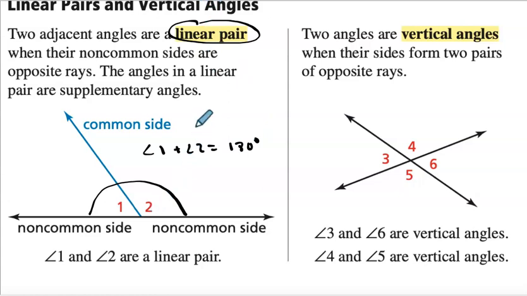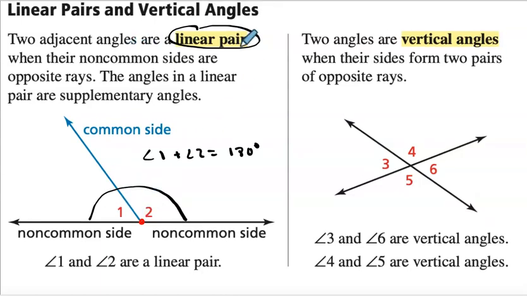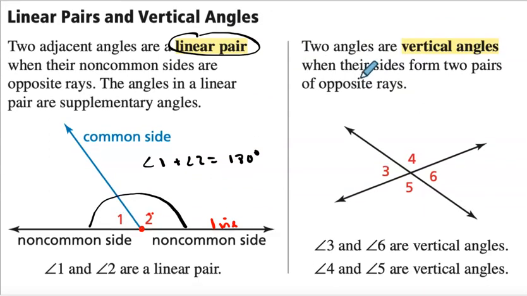Supplementary and adjacent, meaning they share the common vertex, so twofold, then we're going to refer to those two angles as a linear pair. So this line here is my line, linear pair, they're right next to each other, and they form 180 degrees.